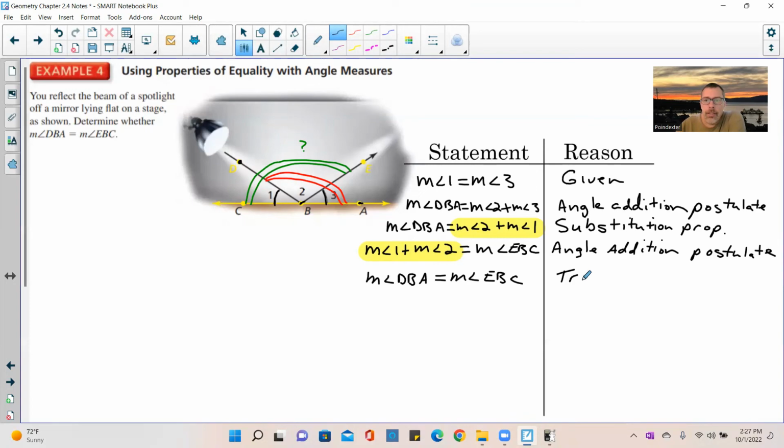And that is the transitive property. The transitive property now shows this being proven. Okay, so that is proving those two angles are congruent.